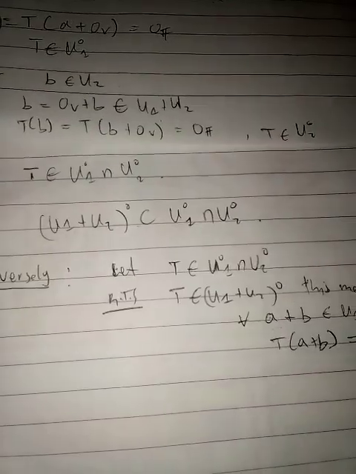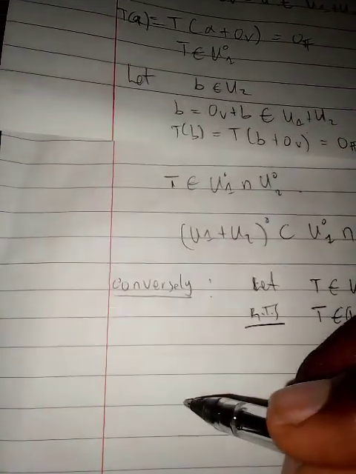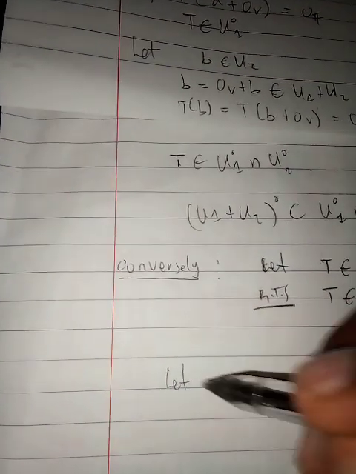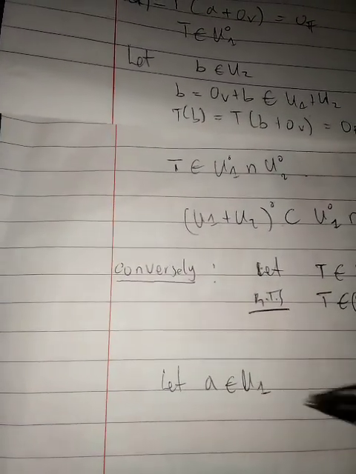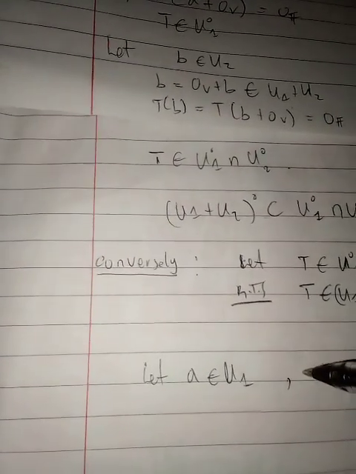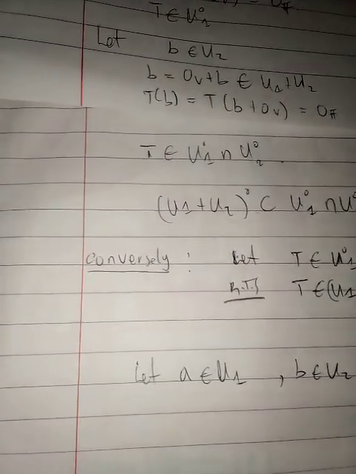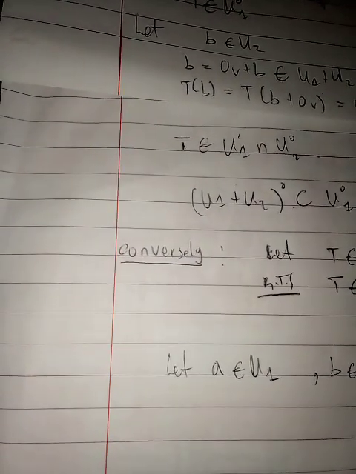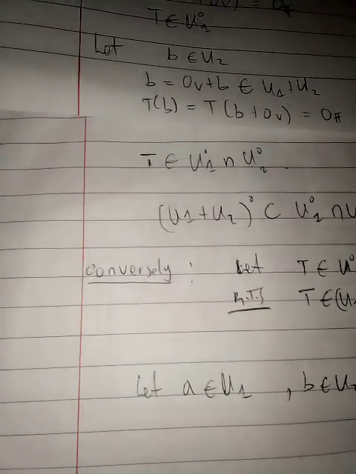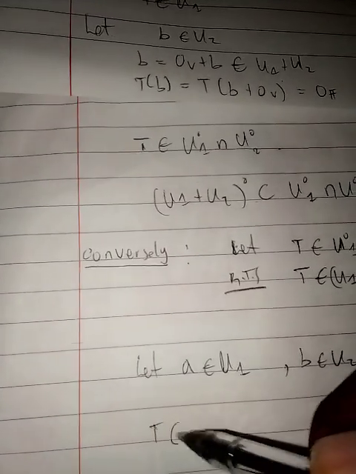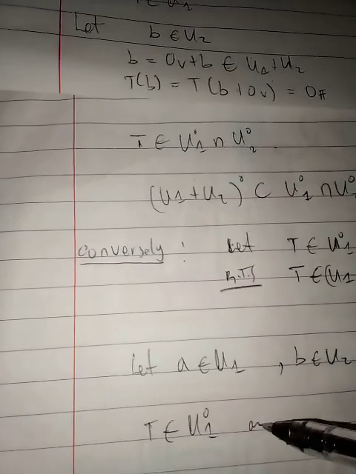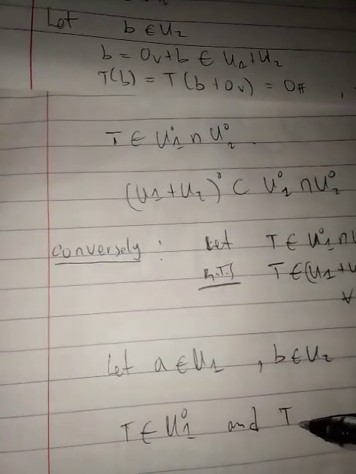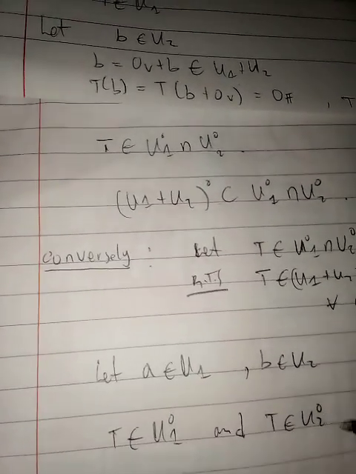All right. So we are going to let our a be an element of u1, our b an element of u2. Then we clearly have that t is an element of the u1 annihilator and t is an element of the u2 annihilator.